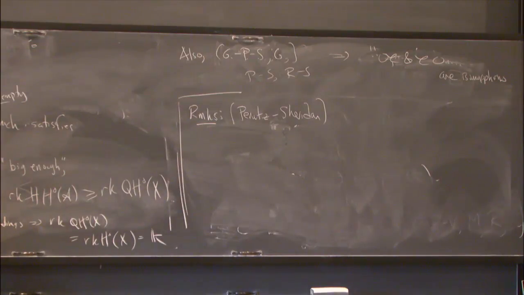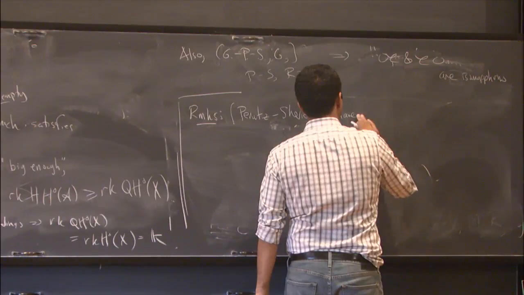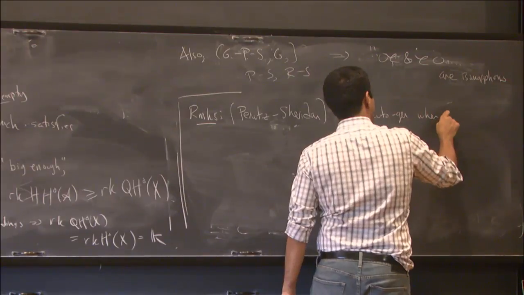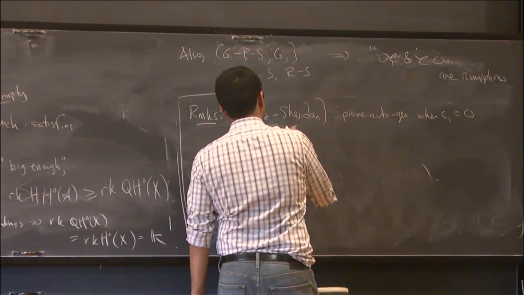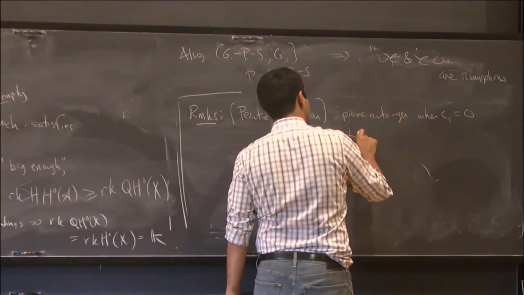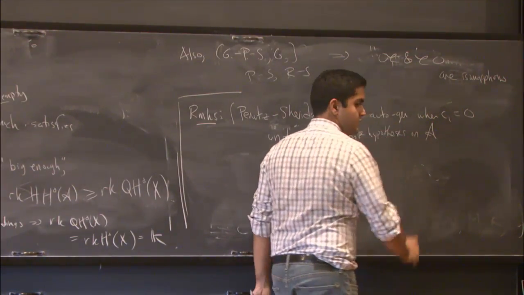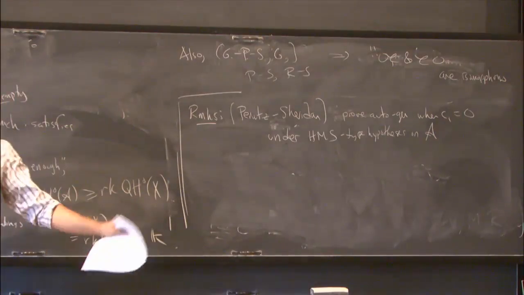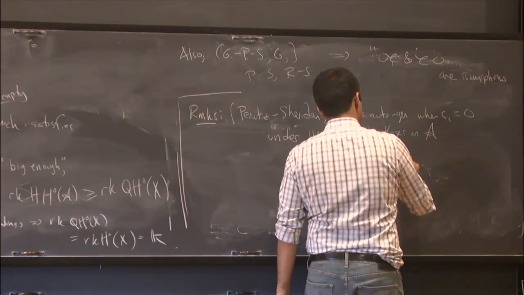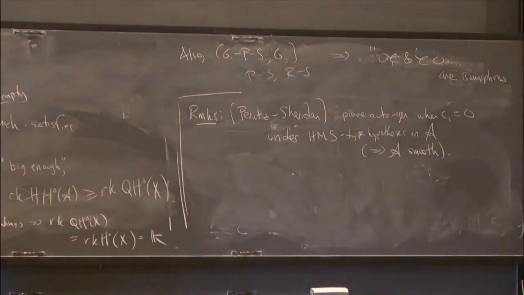In the literature, Perutz and Sheridan prove automatic generation when c1 equals 0 under homological mirror symmetry type hypotheses on A. So A is assumed to be equivalent to some generating subcategory of coherent sheaves on some mirror variety, which, by the way, implies A is smooth.